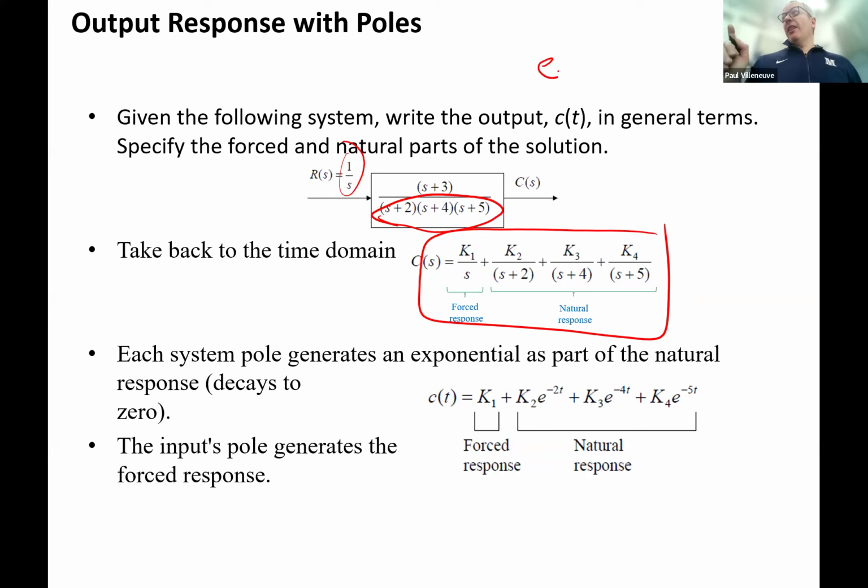An easier way to look at this, just a suggestion: the first one becomes this, because 2 is the same thing as 1 over 0.5. The next one is 0.25, because 1 over 0.25 is 4. And this one is 0.2, because 1 over 0.2 is 5. I'm not doing anything crazy.